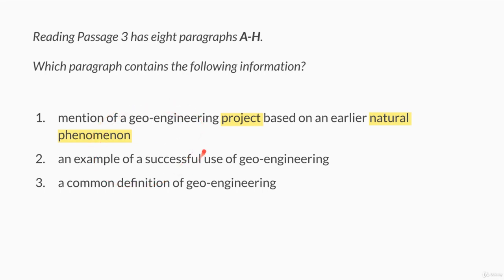In such a case, I'm trying to keep my keywords to a minimum. I don't want to mark too many keywords because otherwise I can't hold them in the back of my mind. So it's best to stick with the best keywords. The easiest keywords in this case, project and natural phenomenon, are pretty good keywords.